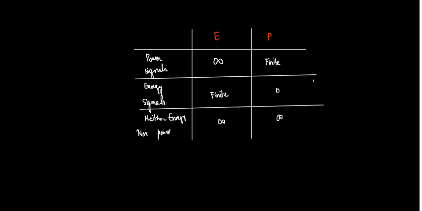Now I am giving an example. Consider this signal. It begins, I'll express that mathematically. x of t equals t for t greater than or equal to 0 and less than infinite, so it grows on.